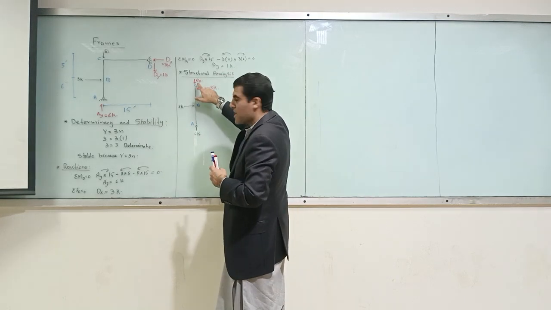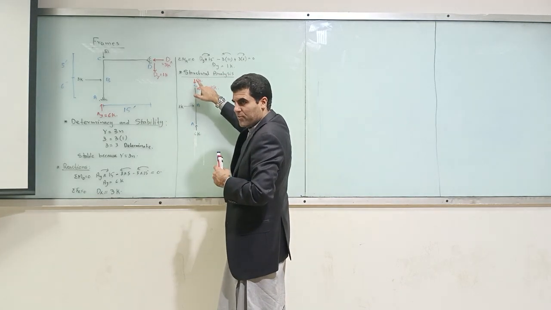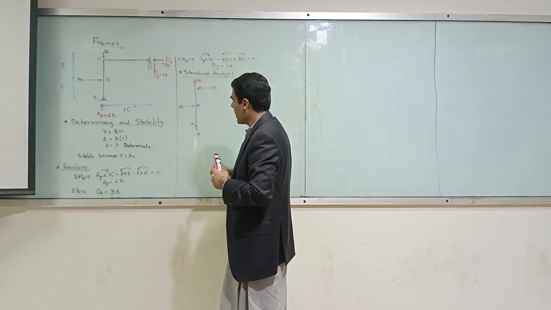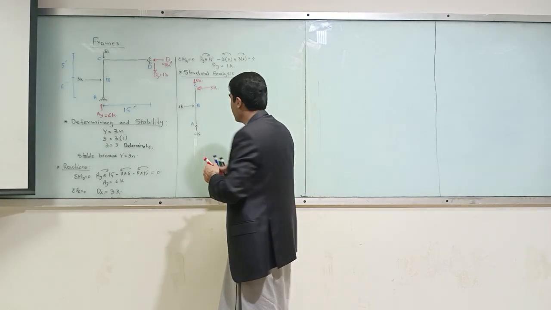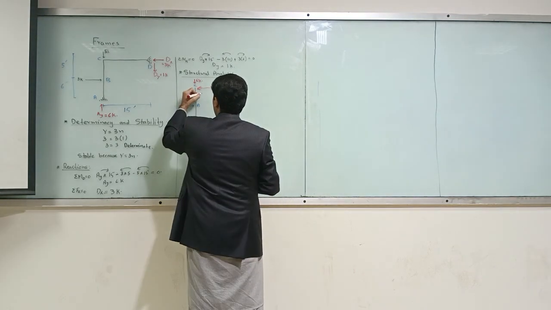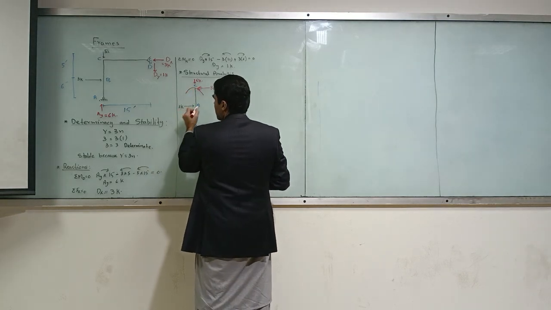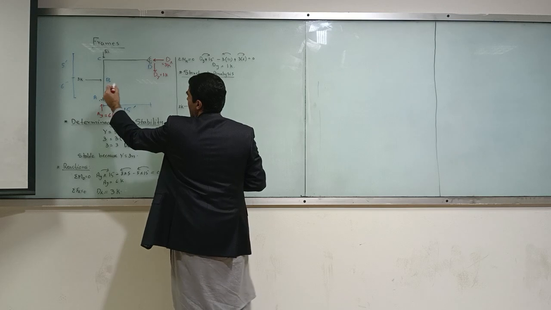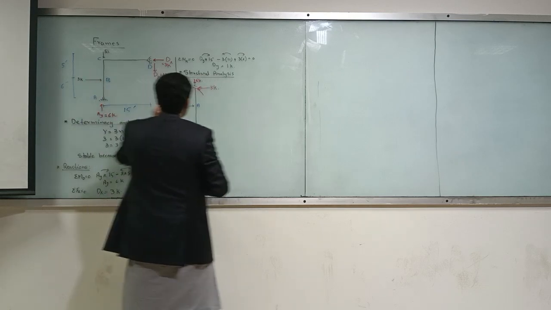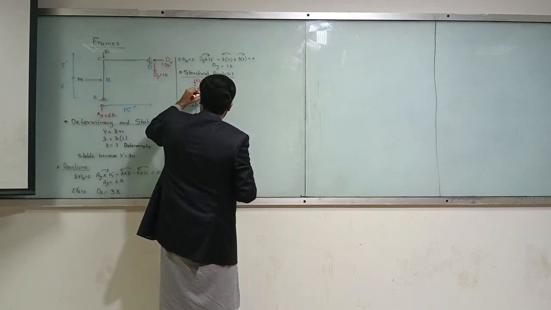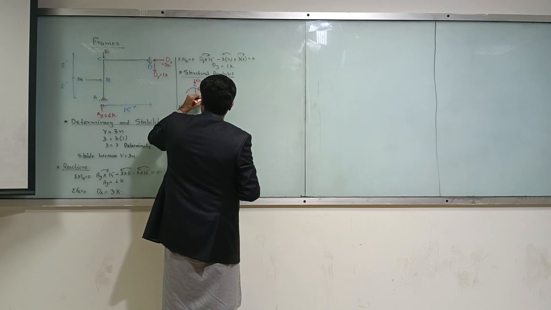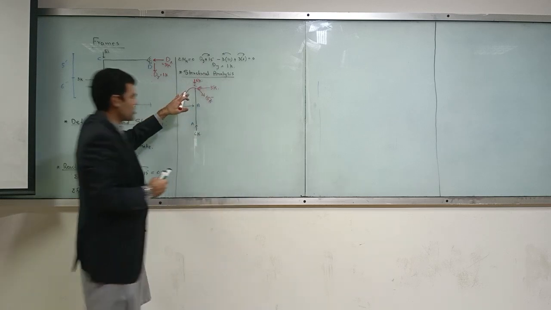So we have got 6 kip over here, 3 kip over here, and moment. So we have 3 times 5, which is 15, in this direction, and this one will be 15 kip in this direction.